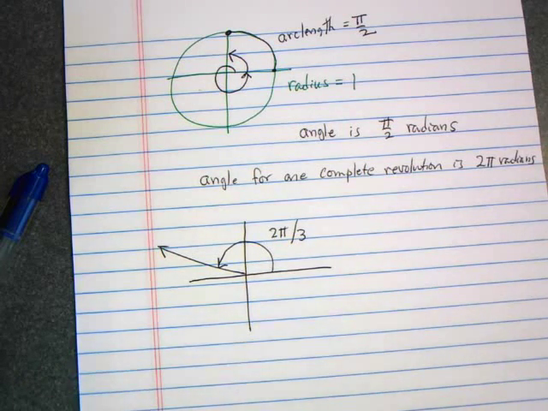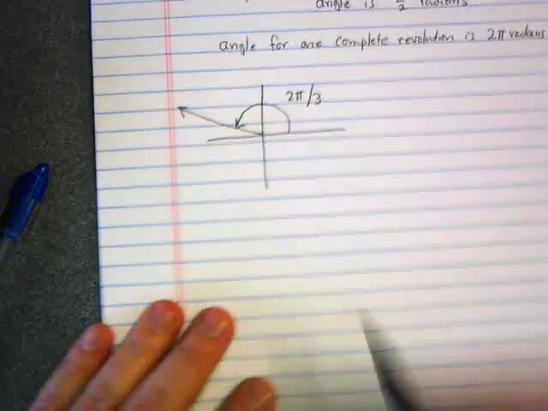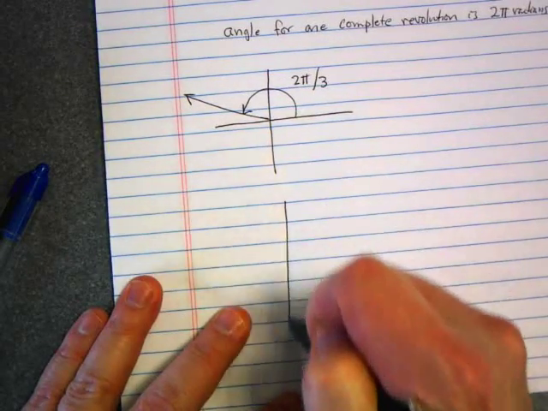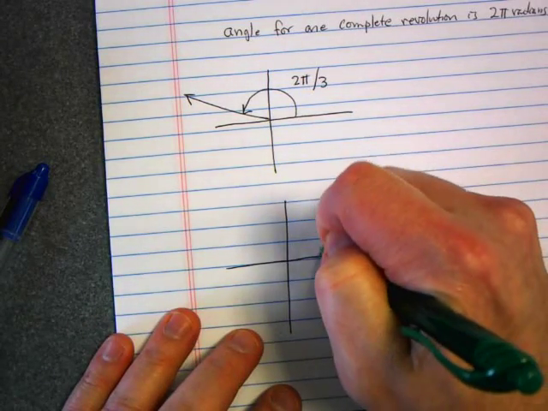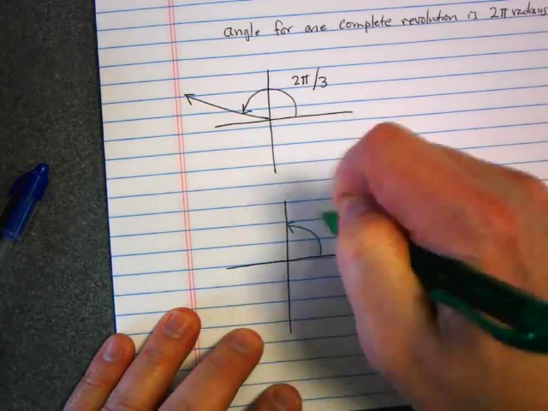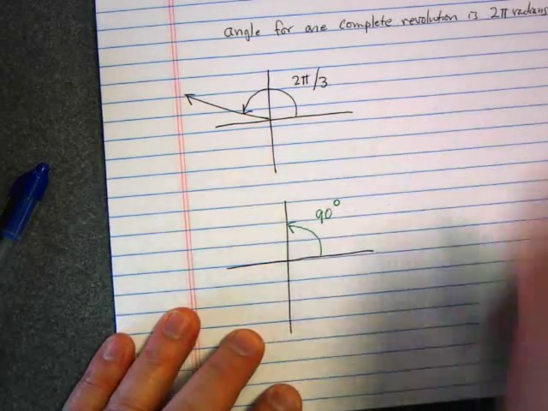All right, how about degrees? Can anybody draw 1 degree for me? All right, so most of you are very familiar with degrees. So this angle right here is called 90 degrees.